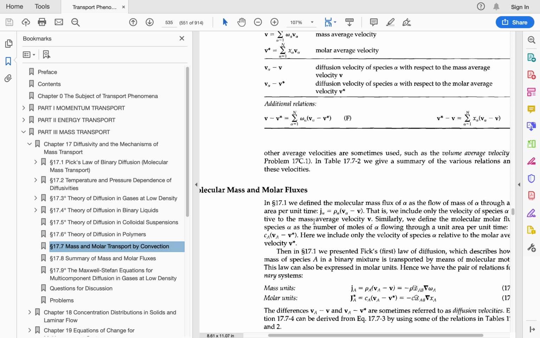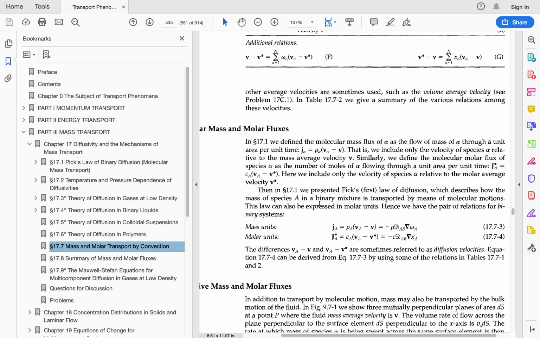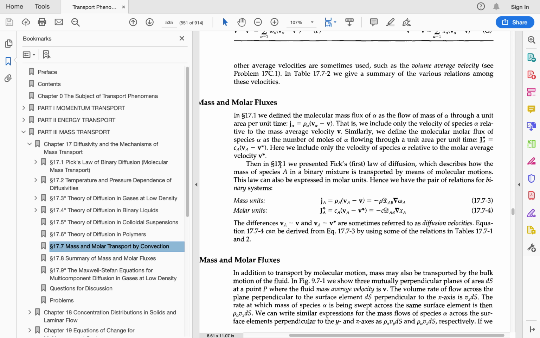Okay, now let's go back to chapter 17.1 on Fick's first law of diffusion, which describes how the mass of species A in a binary mixture is transported by means of molecular motion. If you remember, in the beginning, the small j_A is equal to rho, the concentration, multiplied with the velocity.